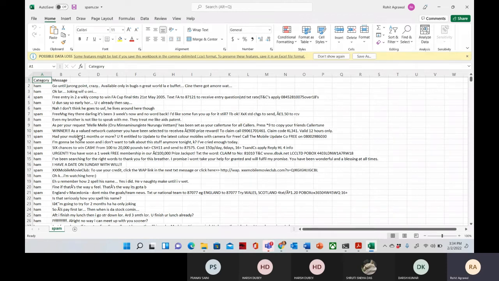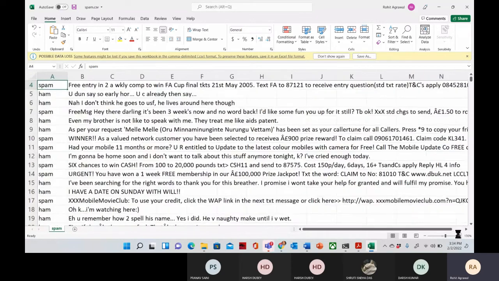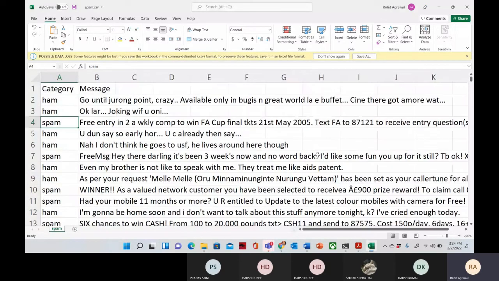You can see here we have some messages, like our emails. These are the text here. Go until journey point crazy available and so on. Is this visible, or do I need to zoom in? I think now it is fine.